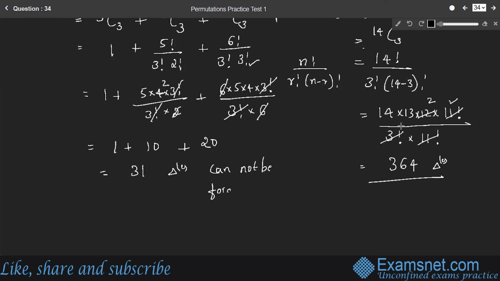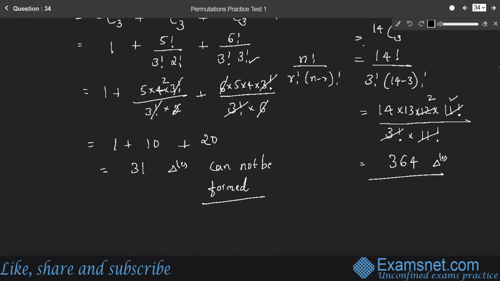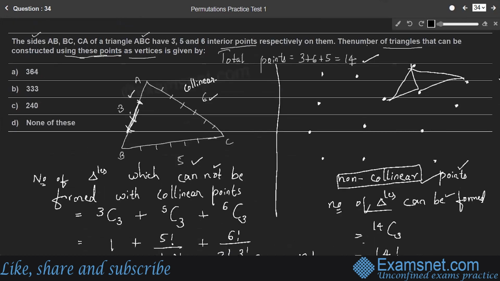These many triangles cannot be formed with collinear points, right? So in the general case, out of 14 points, we can form 364. In that, 31 triangles cannot be formed. Therefore, the total triangles that can be formed is equal to 364 minus 31, which is nothing but 333, right? 333 triangles can be formed.